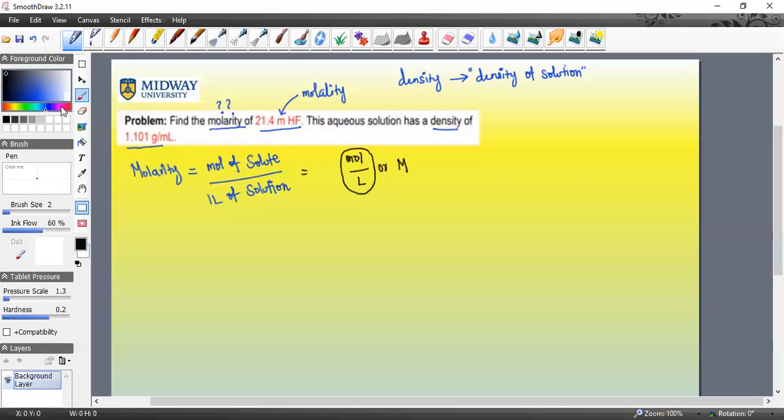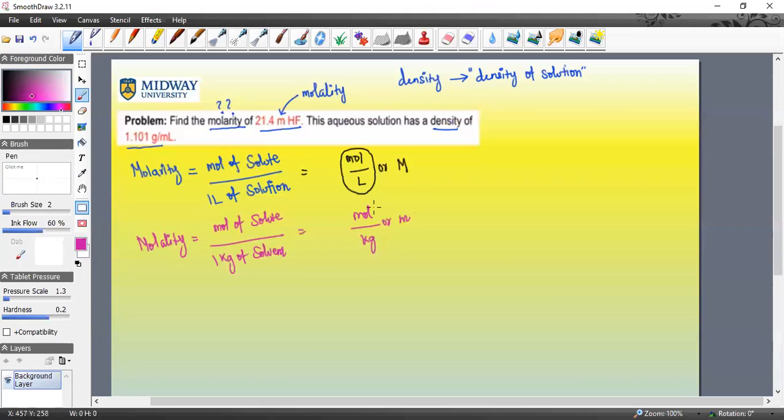Now let's get the definition of the second term that's in here. It's molality, and that is moles of solute over a kilogram of solvent. Again, the unit for that is moles over kilogram, or lowercase m.